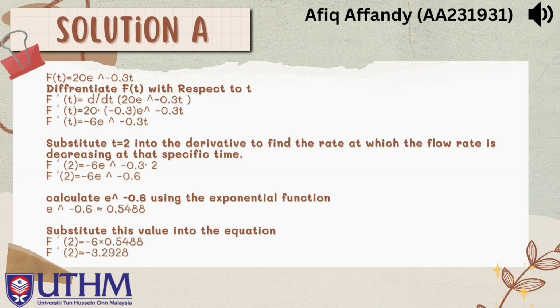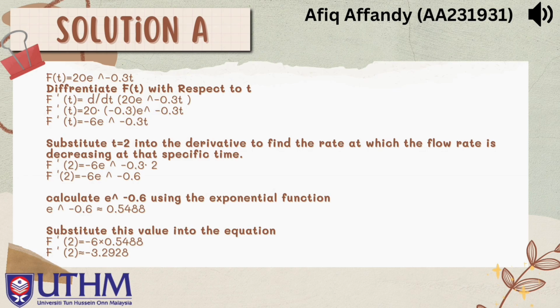Next, we will substitute t equal to 2 into the derivative to find the rate at which the flow rate is decreasing at that specific time. We insert f'(2) equal to negative 6 e^(-0.3 times 2), and we get f'(2) equal to negative 6 e^(-0.6).